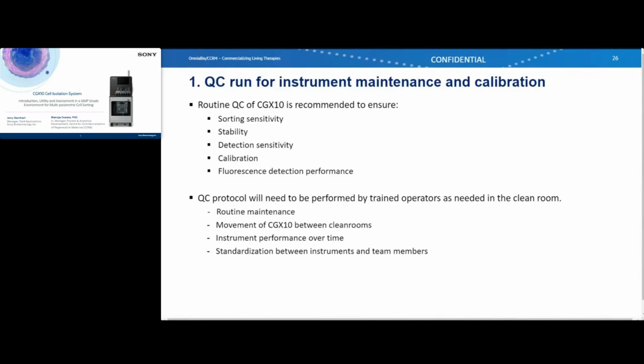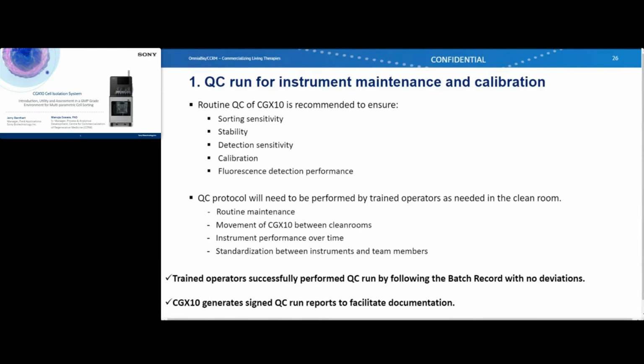For the first protocol, we performed a QC run. A routine quality control run of CGX10 is recommended to ensure sorting sensitivity, stability, detection sensitivity, calibration, and fluorescence detection performance. The QC protocol will need to be performed by trained operators in a clean room as needed in instances such as for routine maintenance, movement of CGX10 between clean rooms, instrument performance assessment over time, and to standardize between instruments and team members.